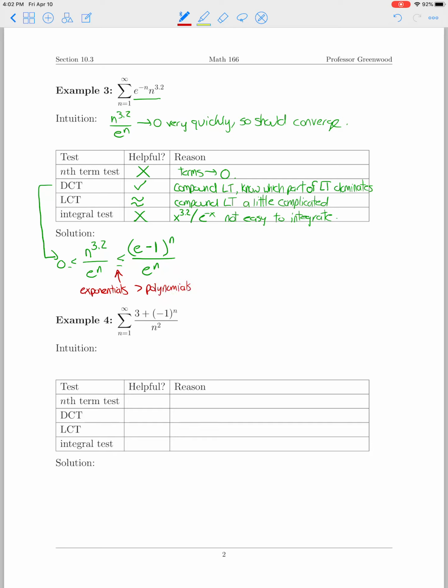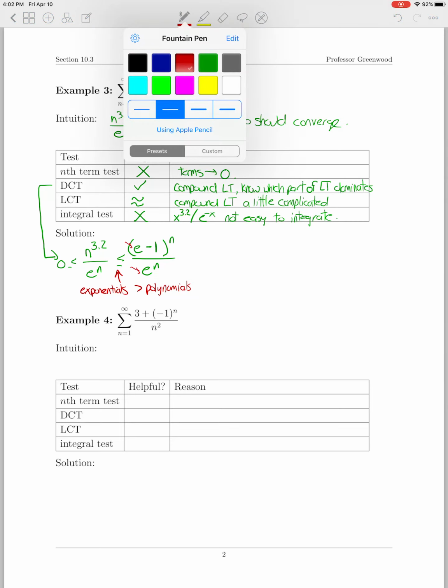And so the reason why I wanted to pick e minus 1 is because I know that e is 2.7 something. And so e minus 1 is still greater than 1, but it's also less than e. And so I definitely want to choose something here that's less than what's here. And so that just seemed like a convenient choice. It's certainly not the only choice, but it's just one option that would work there as a direct comparison.